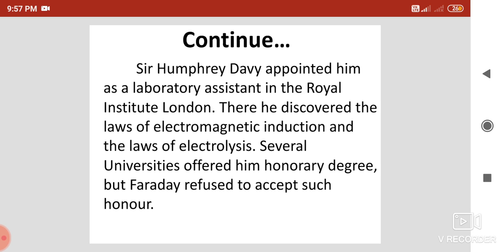There he discovered the laws of electromagnetic induction and the laws of electrolysis. Several universities offered him honorary degrees, but Faraday refused to accept such honors. Such a great scientist he was.